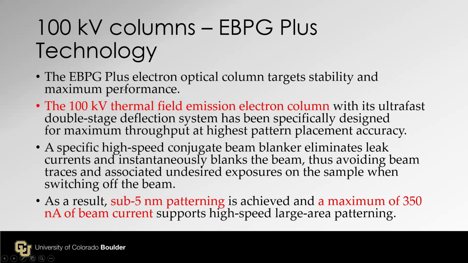And also, not only the electron beam itself, but you have to have a fast beam blanker and other hardware requirements specific to an E-beam writer. That's important. And you combine all the advanced hardware technology in addition to the 100 kV thermal field emission electron column, we can achieve sub 5 nanometer pattern.